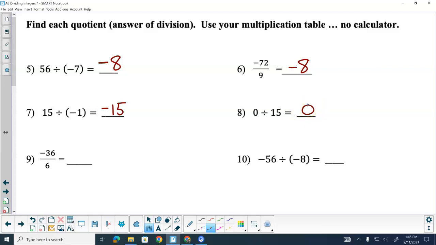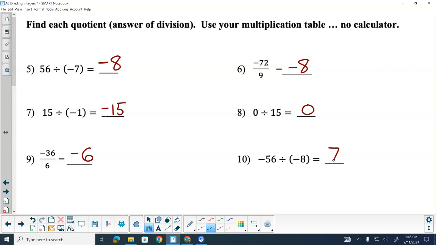Negative 36 divided by positive 6. Negative 6. Love it. Negative 56 divided by negative 8. Positive or negative? Positive, because both the signs are the same.